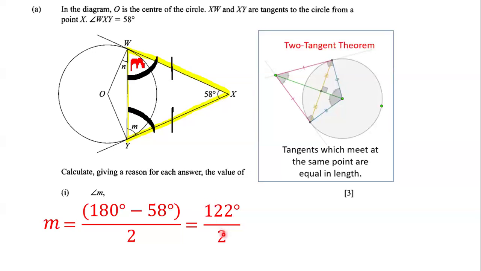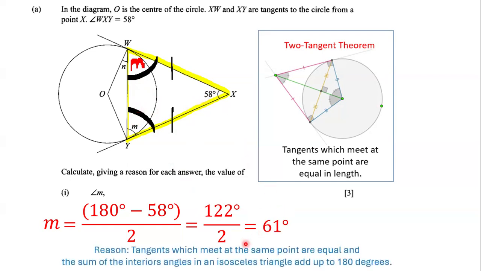The reason why we're dividing it by 2 is because we have to account for these two angles. So we have to share 122 among these two angles equally. And so 122 divided by 2 is going to be 61, which means that this is 61 and this is 61. And so 61 plus 61 plus 58 is equal to 180, so we know that our answer is correct.